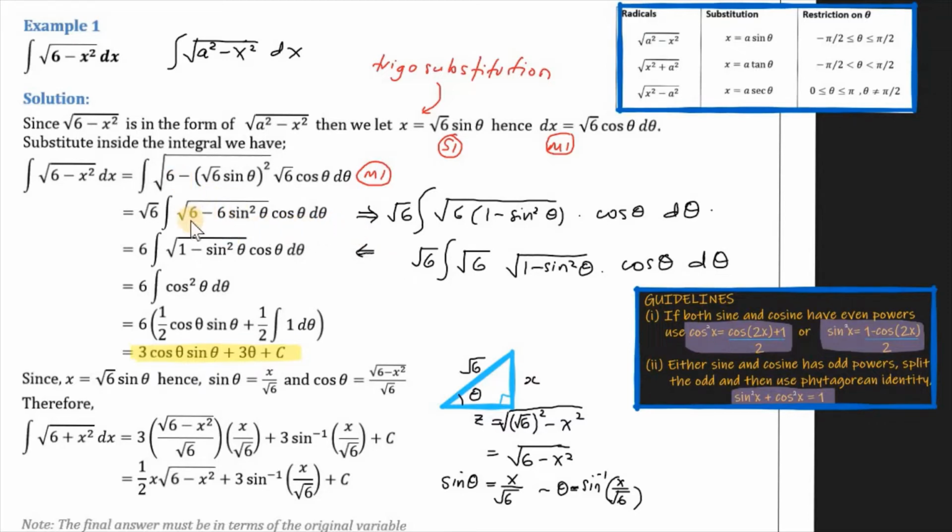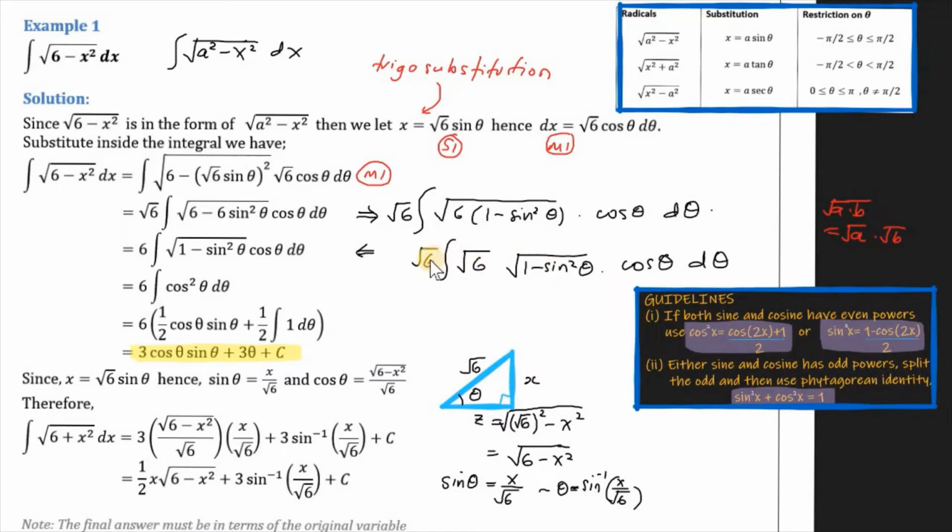For example, here we have 6 minus, as we square it, the square root squared becomes 6, so 6 sine squared theta. Over here, how to get to this, I'm showing you: you are supposed to factorize. Then we have the form square root of a times b. According to the law of radicals, you can split it into the square root of a multiplied by the square root of b. You can split only for multiplication.